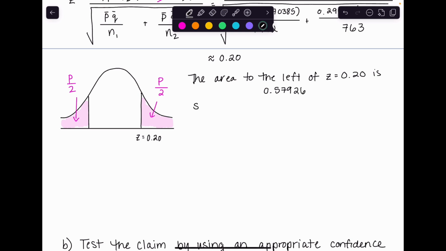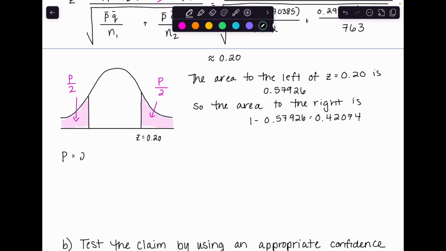So the area to the right is 1 minus that, which is 0.42074. Okay. So our actual p-value is going to be 2 times this amount because of symmetry, which gives us, rounded to 3 decimal places, 0.841.